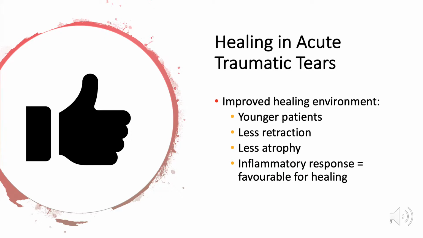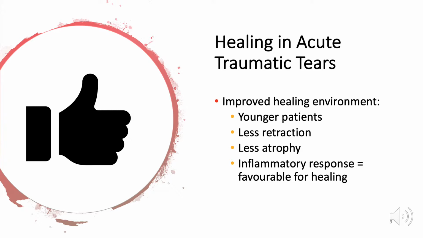In terms of healing factors in acute traumatic tears, there is typically a more favorable healing milieu versus, for example, a chronic rotator cuff tear. In general, these patients are younger with improved healing potential.